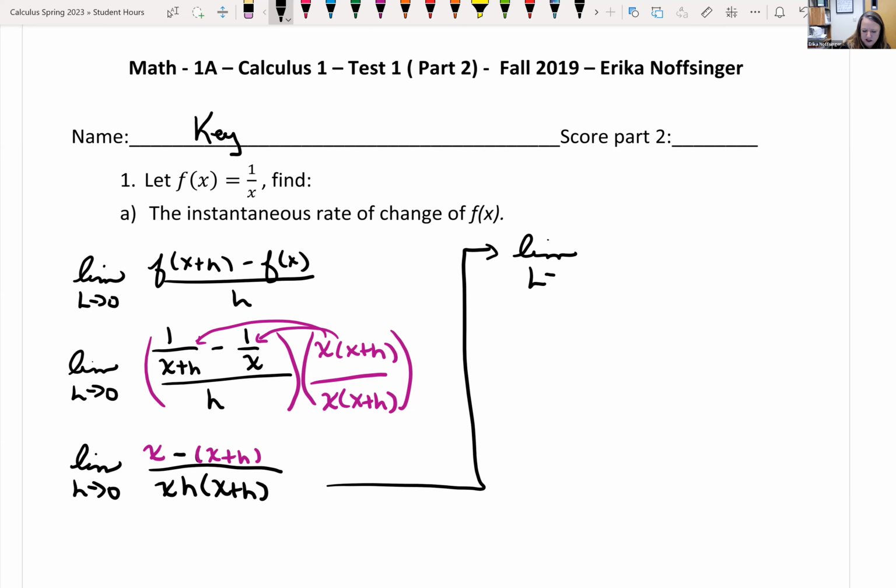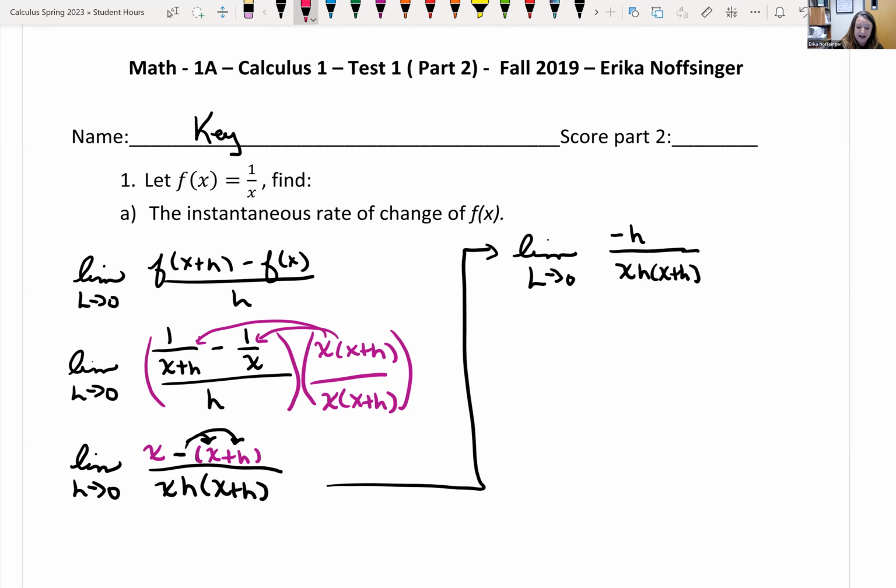So limit as h goes to 0. Notice when I distribute my negative sign inside the parentheses in the numerator, I have x minus x minus h. So x minus x cancel. I'm left with negative h all over xh times the quantity x plus h down there in the denominator.